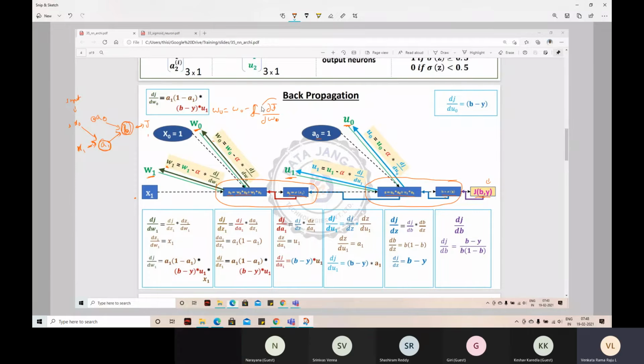If you expand this, that's going to be dz1 by dW0 into da1 by dz1 into dz by da1 into db by dz into dJ by db. Do you agree?